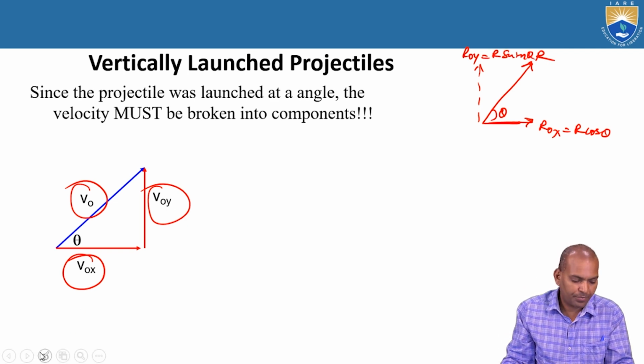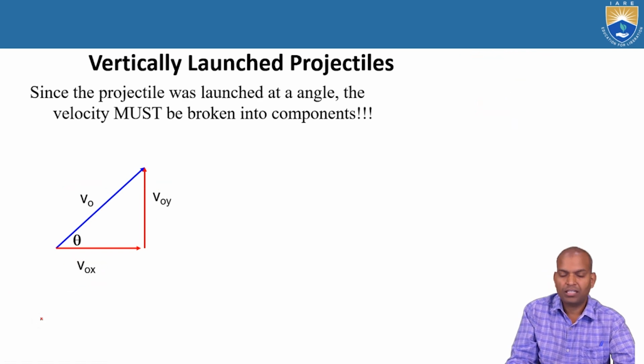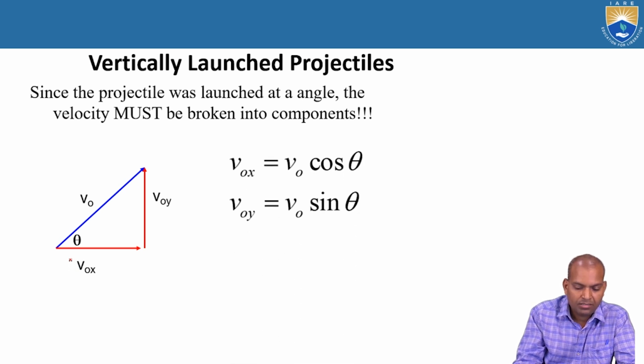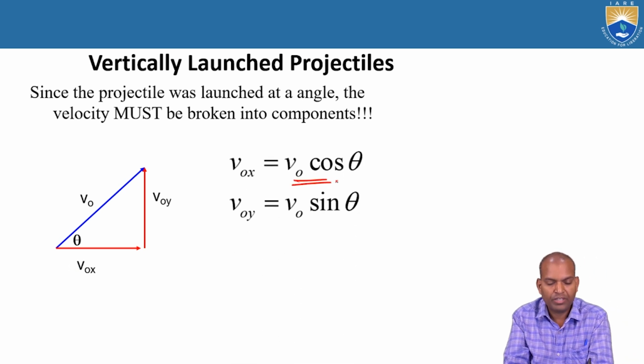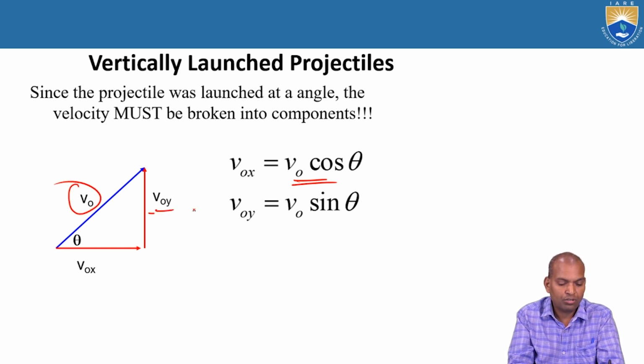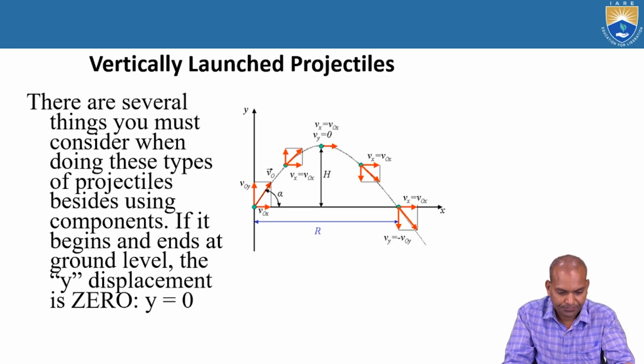The same concept applies here. There are two components: V0x equals V0 cos theta, and V0y equals V0 sin theta. We have to resolve it.